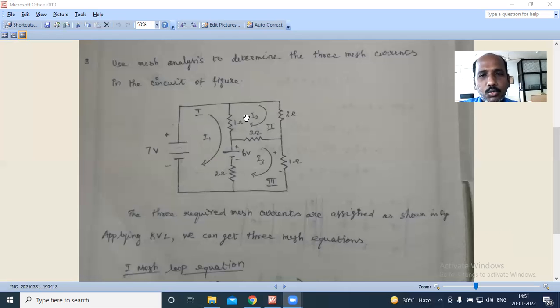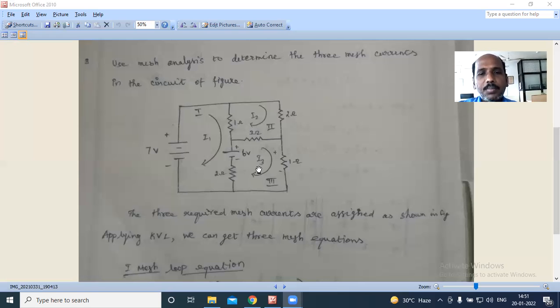This one is mesh 2; the current flowing through mesh 2 is I2. And then this one is mesh 3; the current flowing through mesh 3 is I3. There are three meshes, so I assumed three mesh currents: I1, I2, and the third one is I3. Okay, this is the first step.